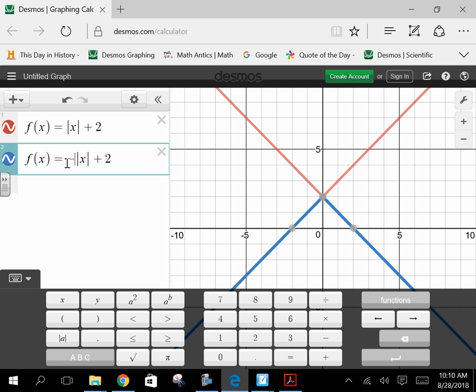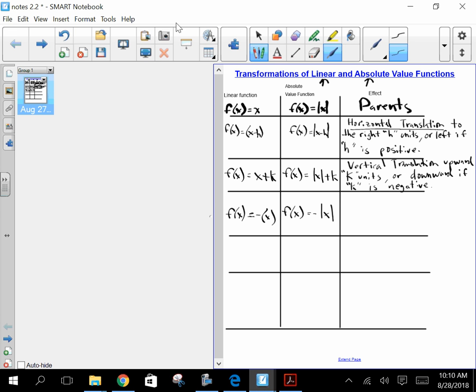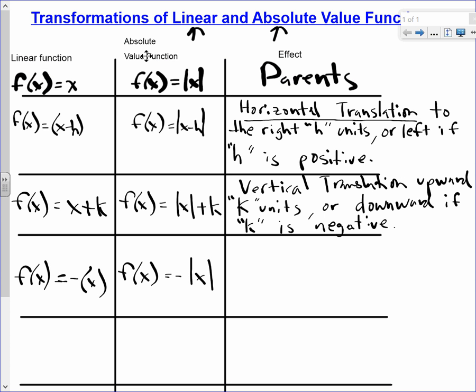Over what? The x-axis or the y-axis? Did it flip this way or did it flip that way? X-axis, huh? So notice, when I place a negative right there, it flips over the x-axis. So that's the effect. The effect of that is a reflection over the x-axis.